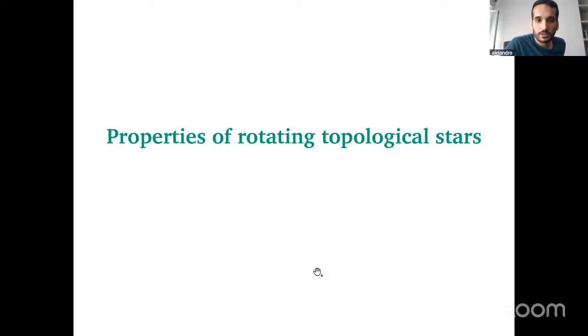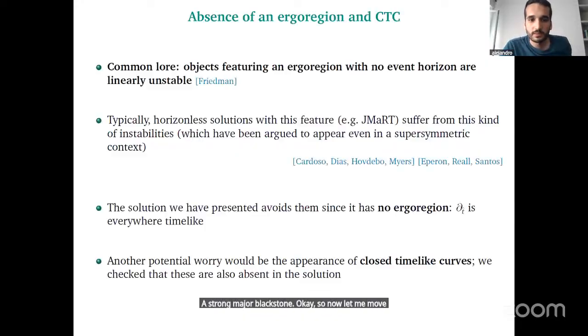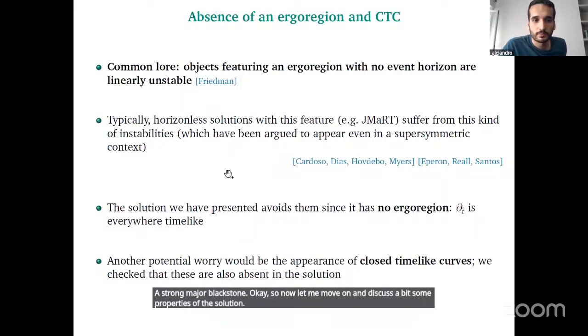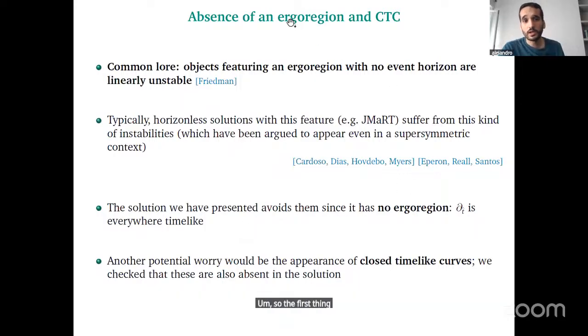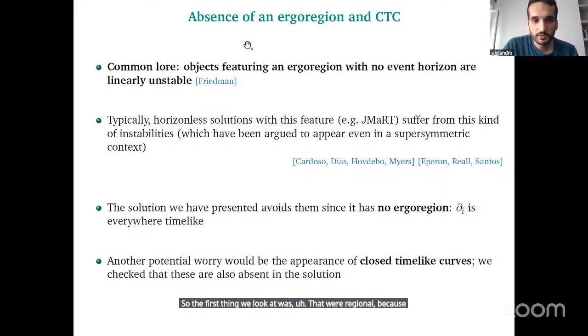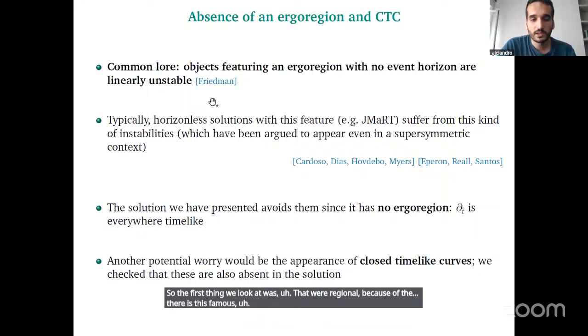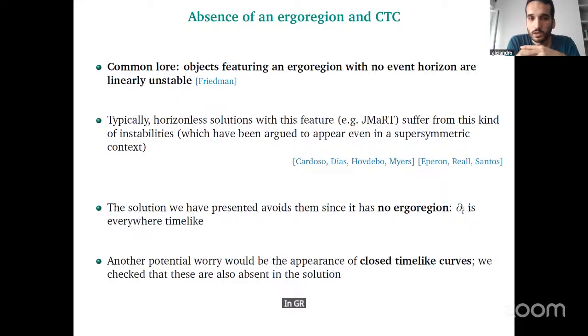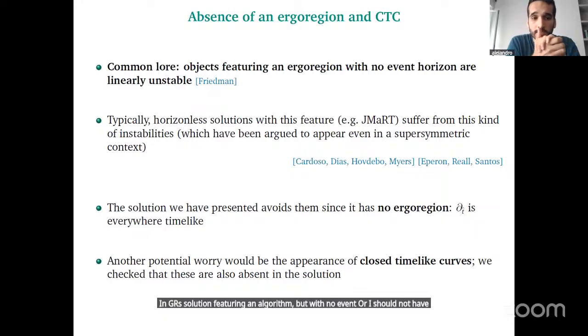Okay, so now let me move on and discuss some properties of the solution. The first thing we looked at was the ergoregion, because there is this famous result by Friedman saying that in GR, solutions featuring an ergoregion but with no event horizon are linearly unstable.